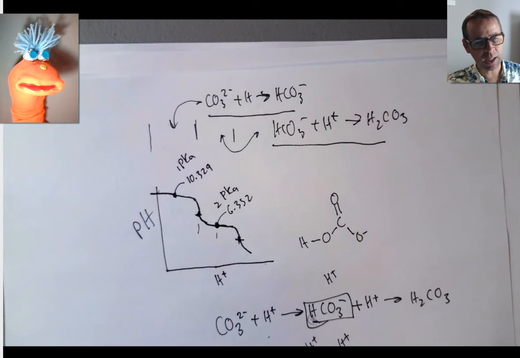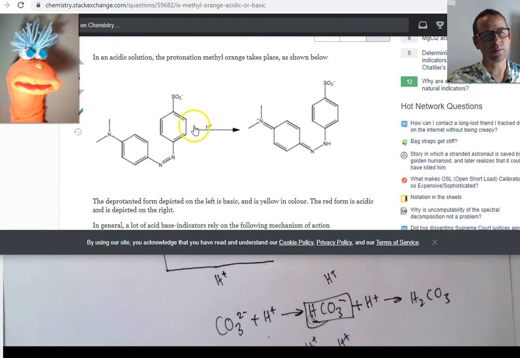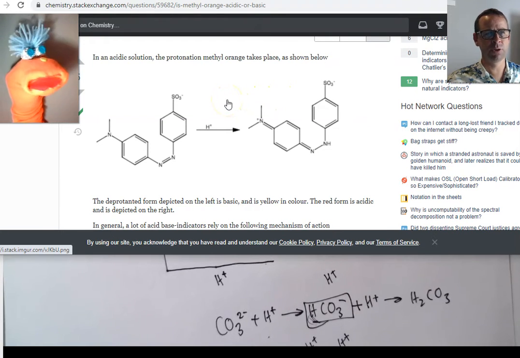So the pKa for this hydrogen coming off this nitrogen is between 4 and 5. So what does that mean? I'm not quite sure. Well, that means if the pKa for this is, let's say, 4.5, then at pH 4.5, what happens? You have half of the stuff on the left and half of the stuff on the right.